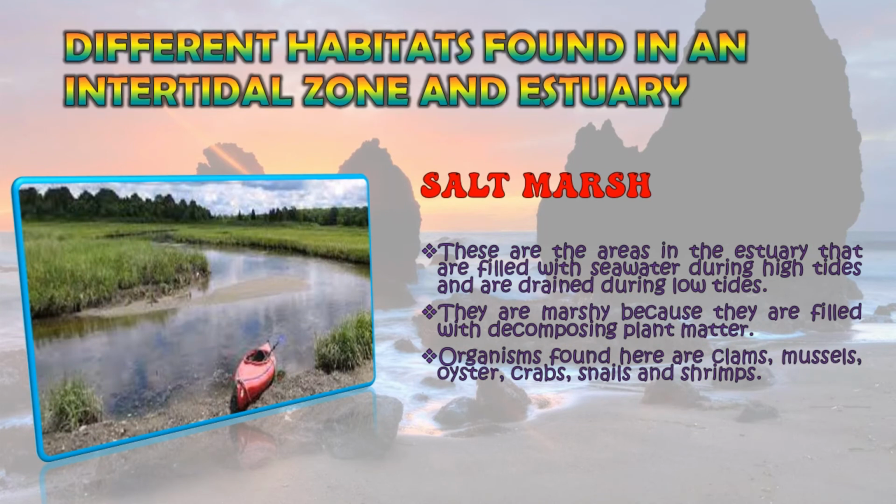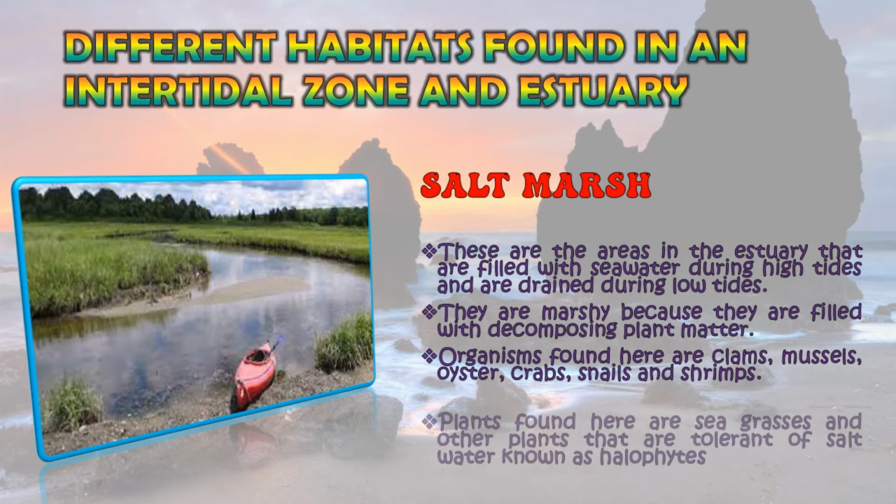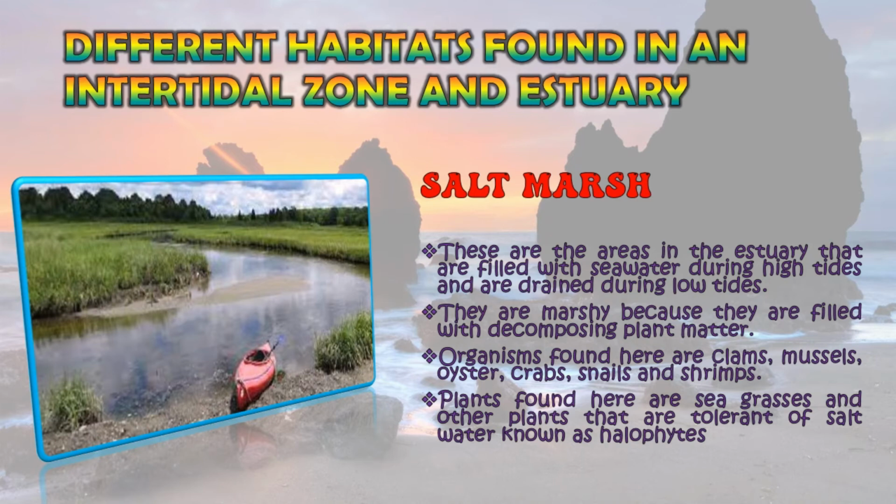Organisms found here are clams, mussels, oysters, crabs, small snails, and shrimps. Plants found here are sea grasses and other plants that are tolerant of salt water known as halophytes.